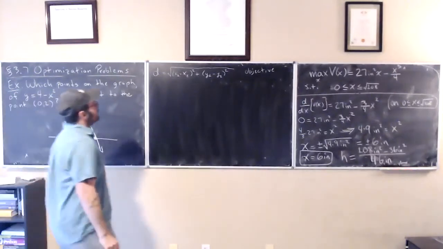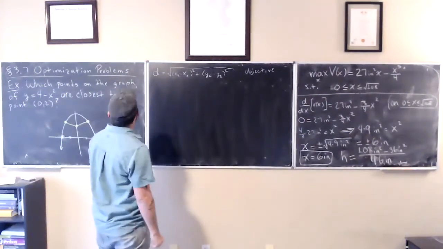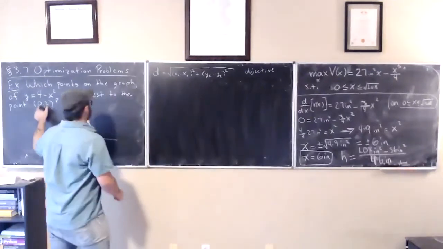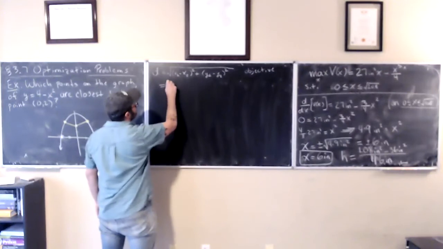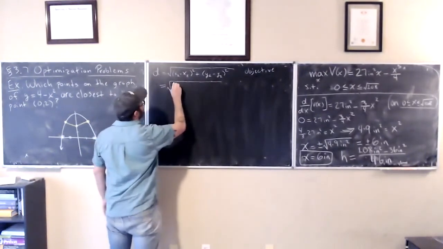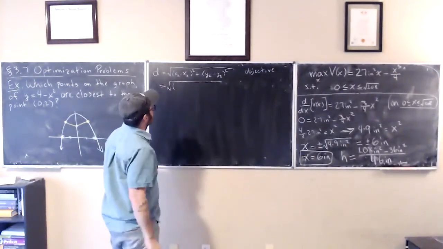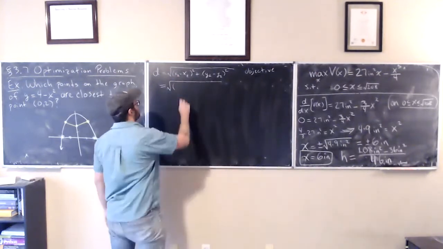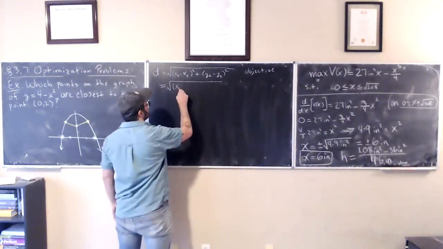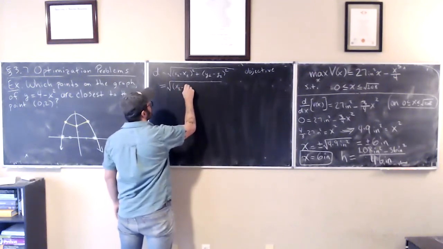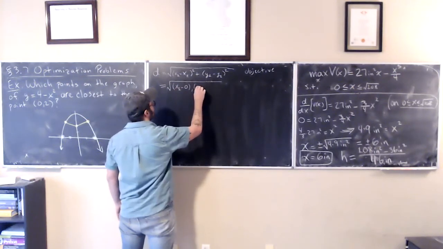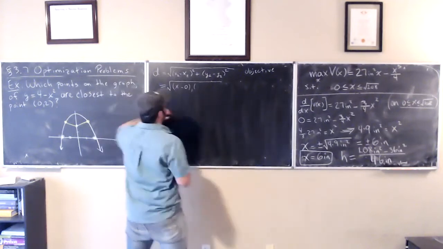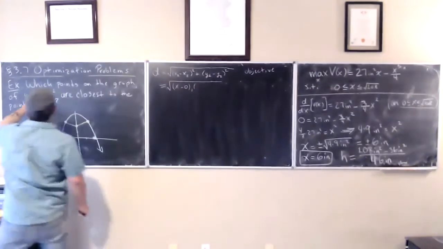Well, we know one of the points is (0, 2), so we can just substitute that in. And it doesn't matter which one you substitute in for. Maybe I'll just do this. And then for my y1, I'm going to choose this equation, right?